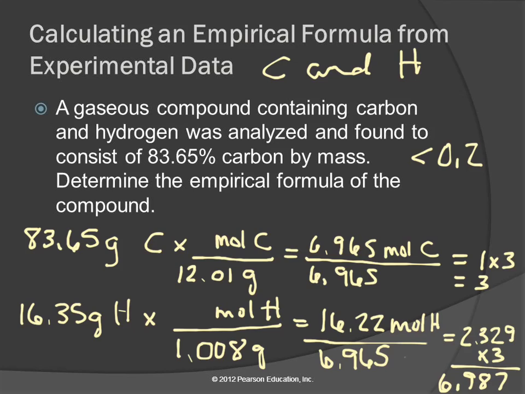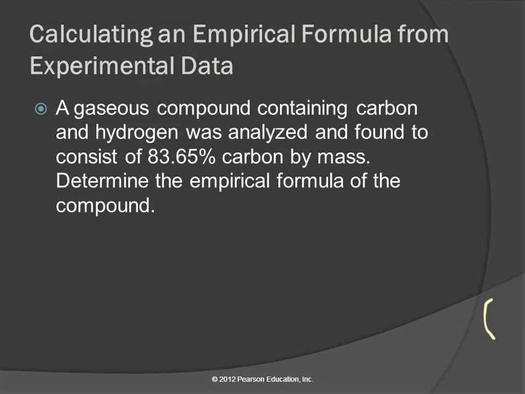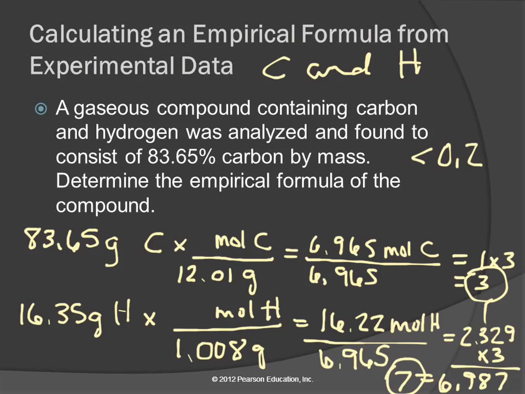That's close enough to round. So I can round this to 7. So what I've got here is a ratio of 3 to 7. Those become the subscripts. So C has a subscript of 3, H has a subscript of 7.